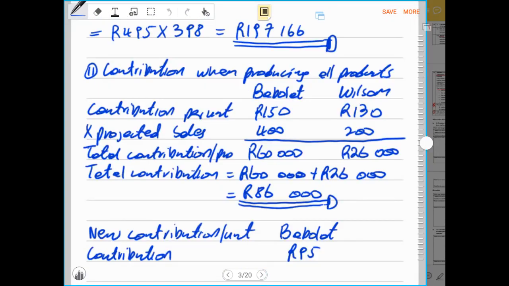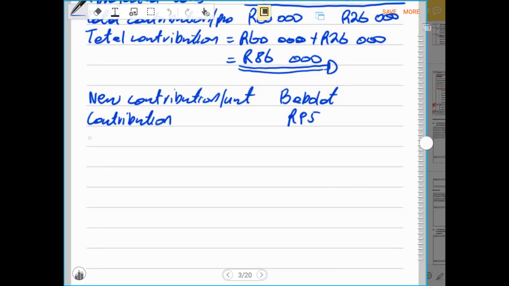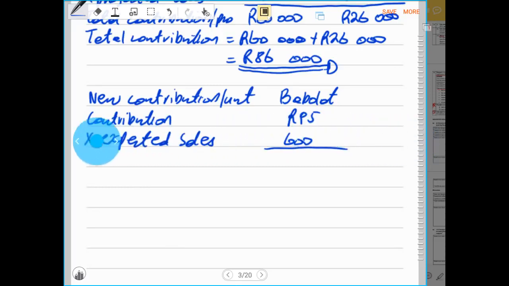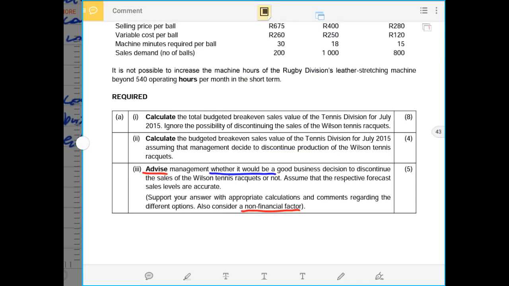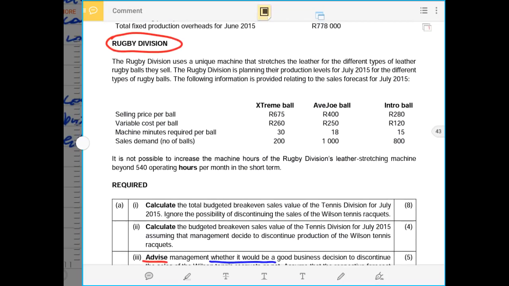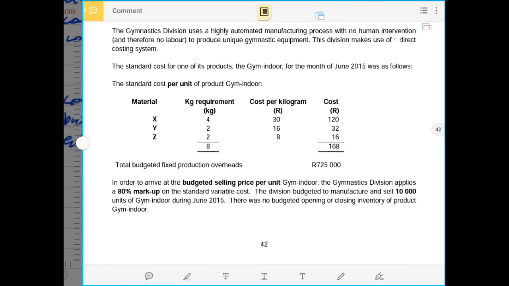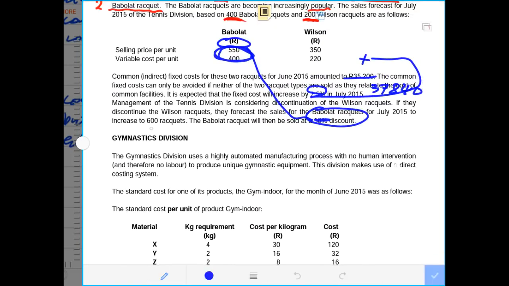So now that contribution is per unit. We need it in total, so we multiply it with the expected or budgeted sales. Our budgeted sales were said to be 600 units, because if the company discontinues, they will sell up to 600 units of the remaining product, which is product Barbolat. The sales are increasing by 200, from 400 to 600.